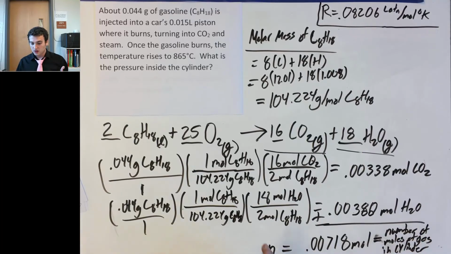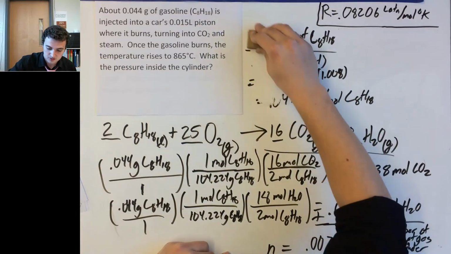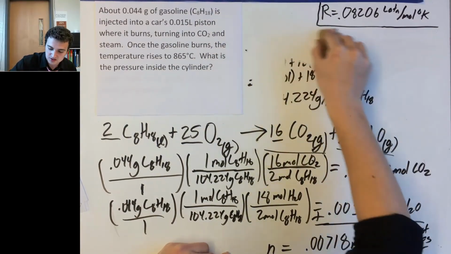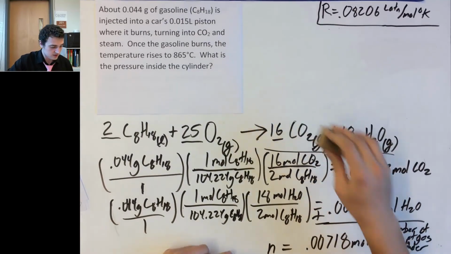Okay, so now we need to use that number to find the pressure. Free up a little bit of space. This is good because now I have everything that I need.